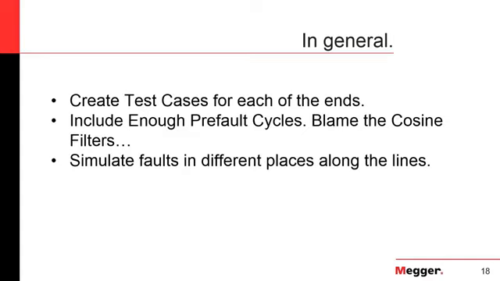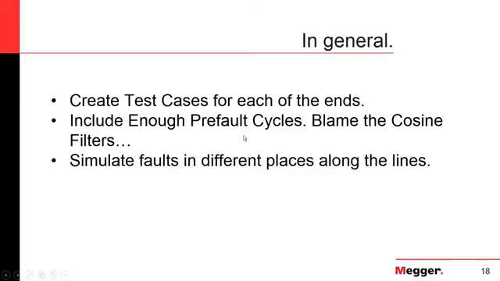Even when you have the fault at exactly 50% of the line and everything is beautiful and nice, which is only maybe 0.01% of the cases, the actual signals are seen differently from the relays on both ends of the line. So you have to create test cases for each of the ends.